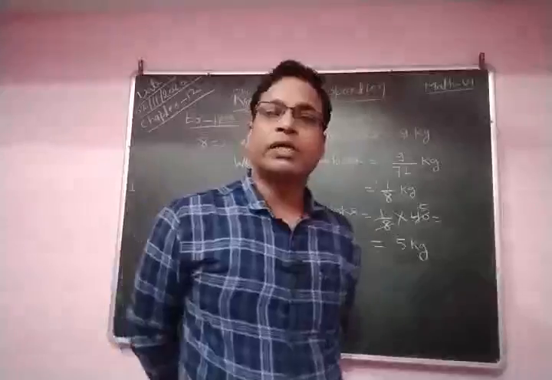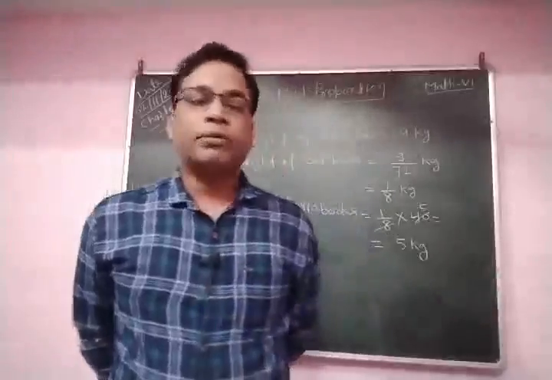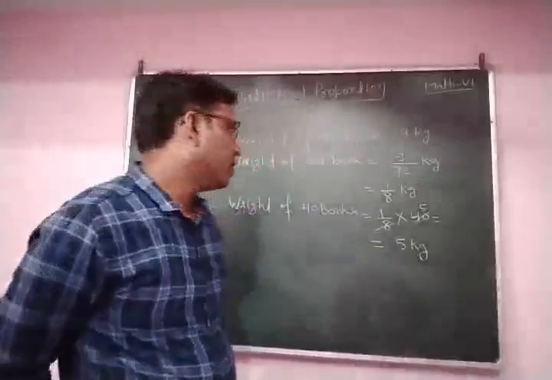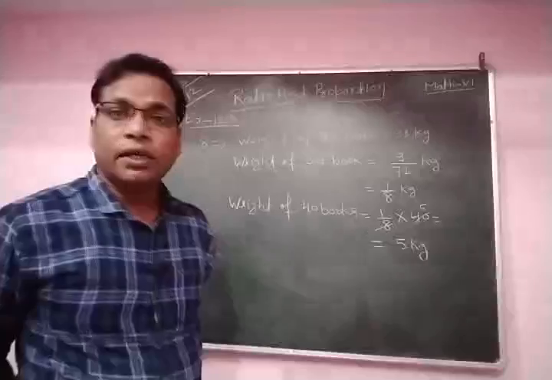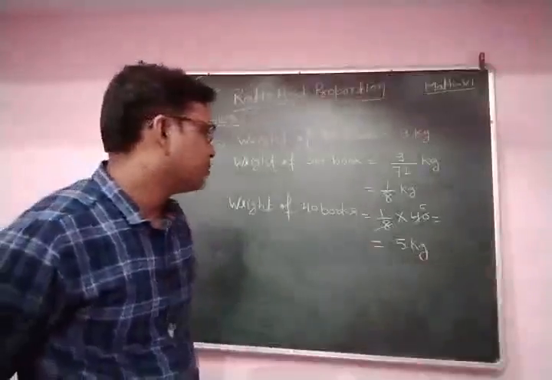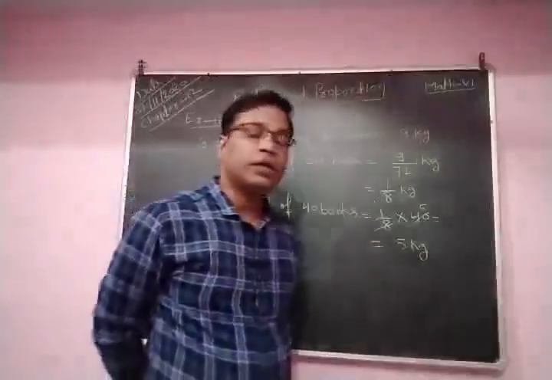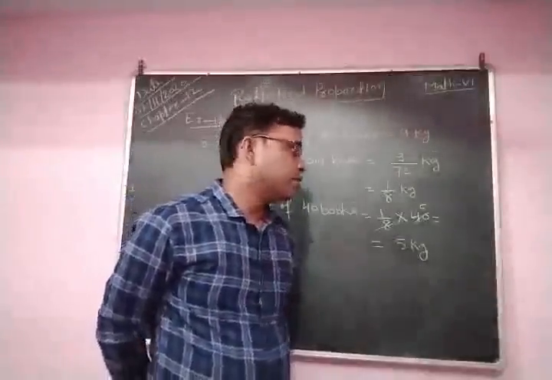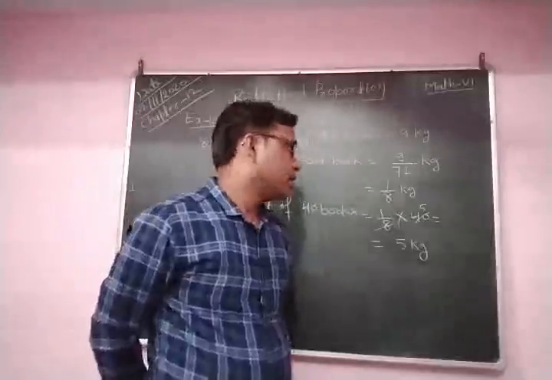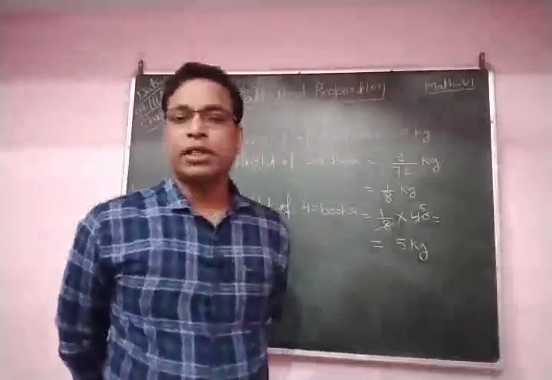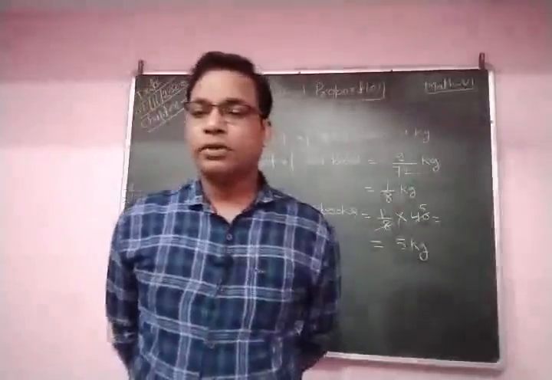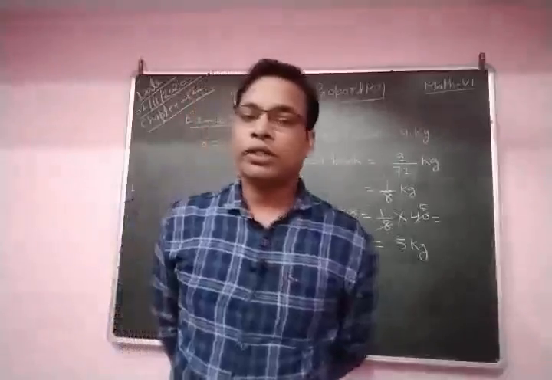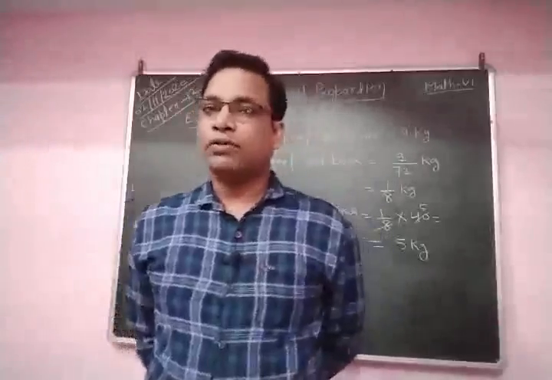So the weight of one book is 1 by 8 kg. Here we need to find the weight of such 40 books. So we multiply 1 by 8 into 40, then we obtain 5 kg. So students, I hope all of you understood this question. Now we are going to discuss the next question.